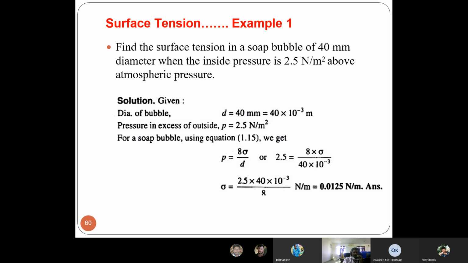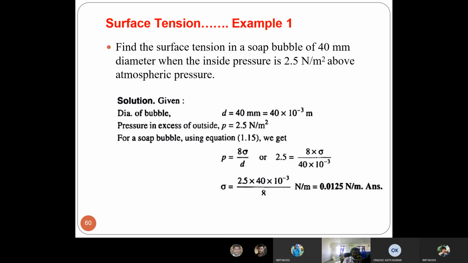For a soap bubble, the expression is P is equal to 8 sigma by d. The pressure is 2.5, and 8 sigma we have to calculate. The diameter of the soap bubble is 40 into 10 to the power minus 3. If we calculate it, we will get the surface tension as 0.0125 Newton per meter.